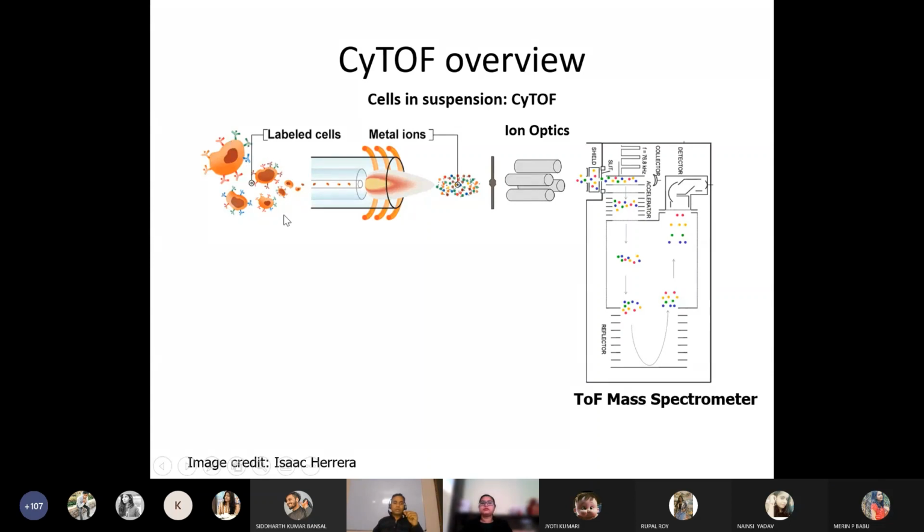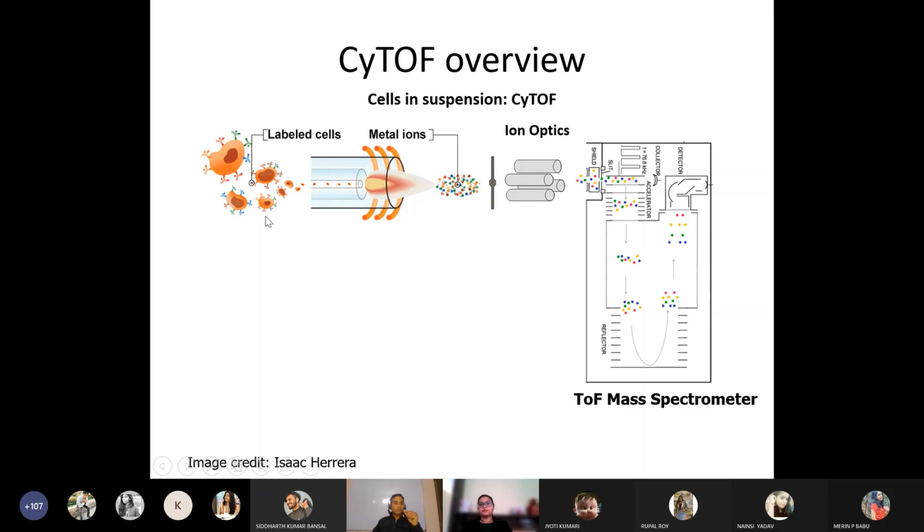Here we are not labeling the cells with fluorescent dyes such as FITC, rhodamine, Cy5, Cy2 or Cy3, which we normally use in flow cytometry or fluorescence microscopy. Here we have replaced the fluorescent dyes with heavy metals.